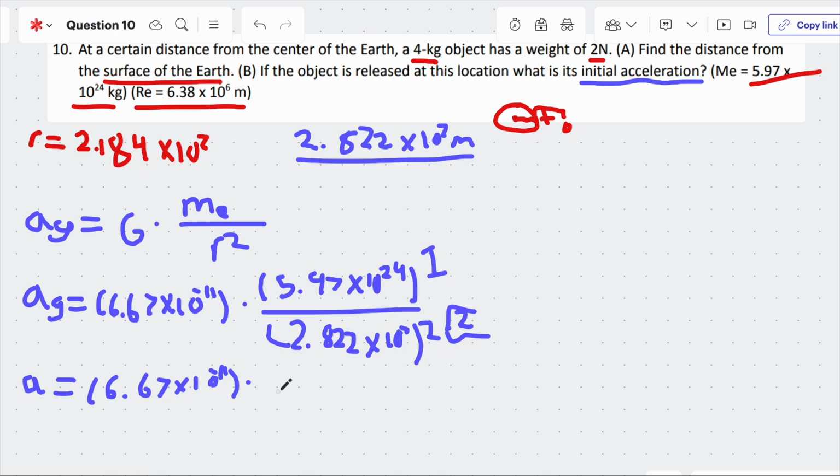Okay, should end up with 7.5 hundred times 10 to the 9th.